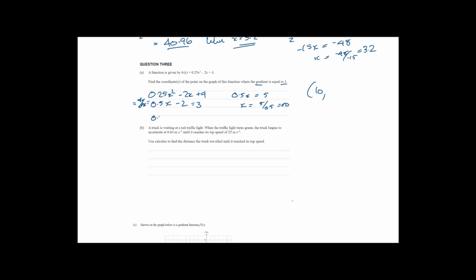So 0.25 times 10 squared is 25, minus 2 times 10, which is 20, plus 4. So it's going to be 25 minus 20 plus 4, which is 9. So it's going to be at the point (10, 9) where the gradient is equal to 3. That's that done.